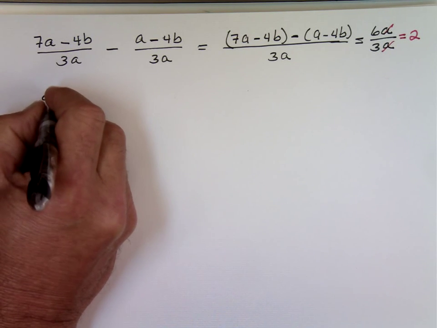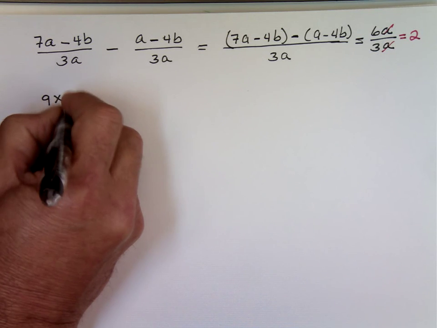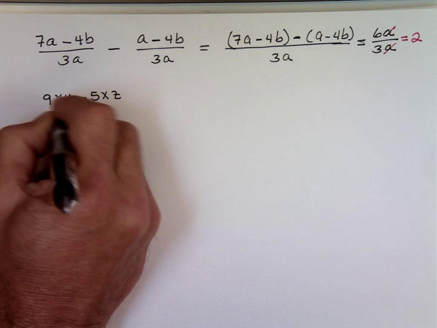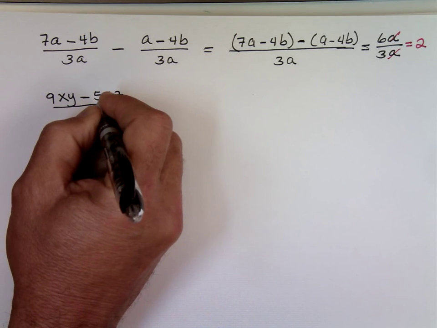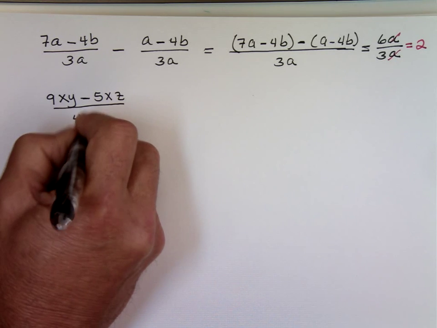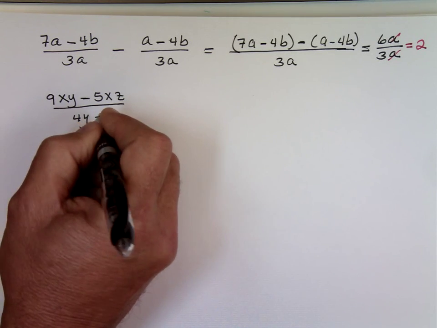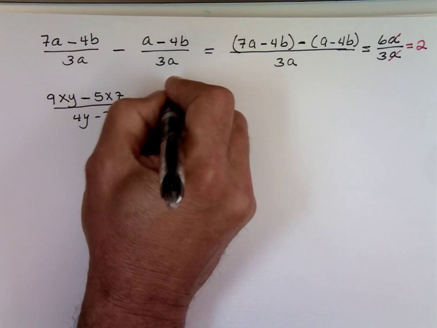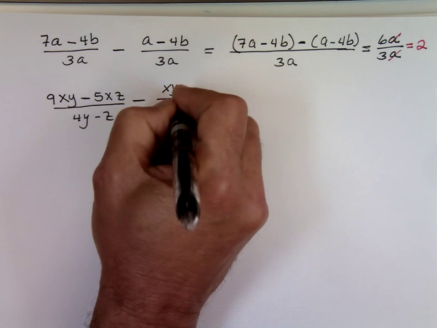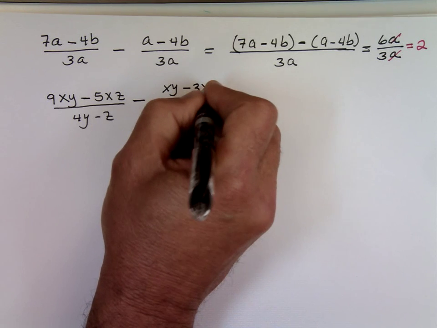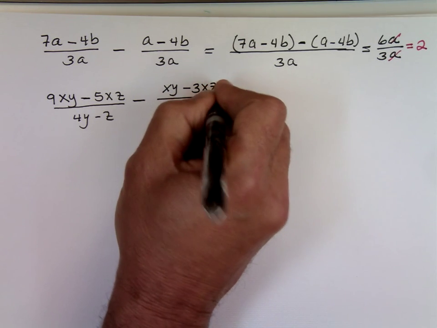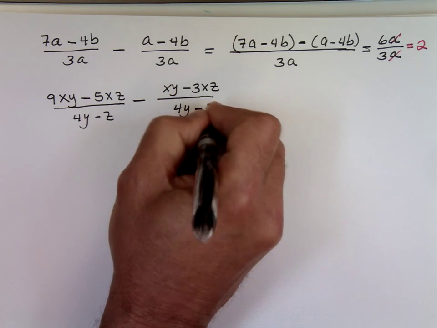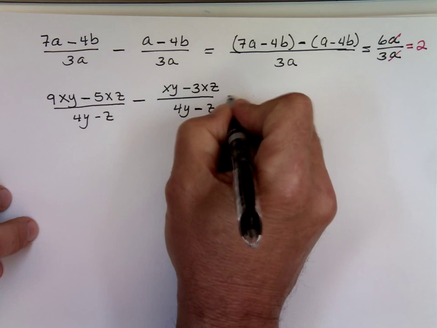Let's take this, 9xy minus 5xz over 4y minus z minus xy minus 3xz over 4y minus z. Again, we have the same denominator.